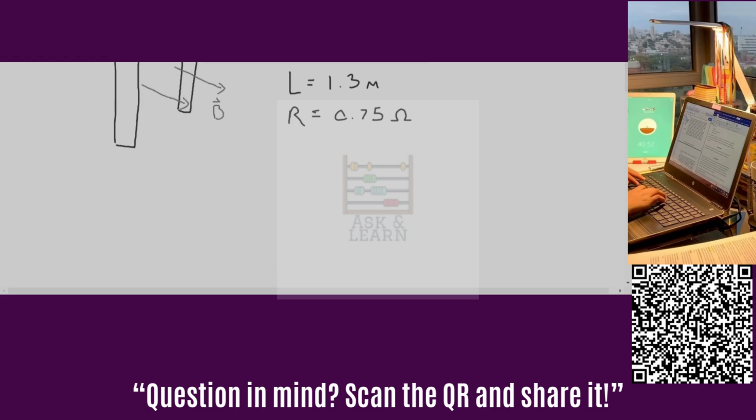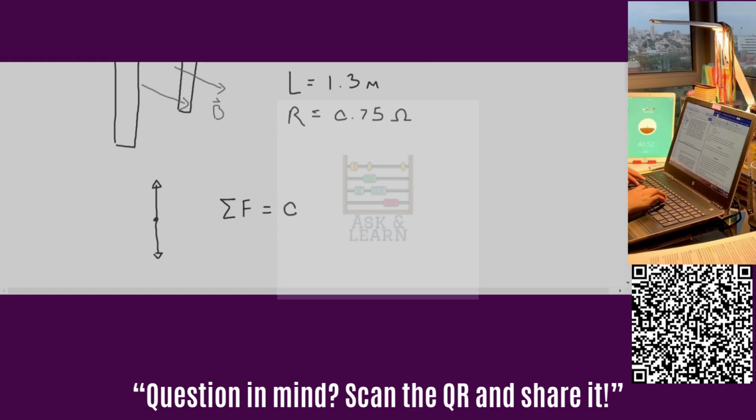So I just said a moment ago, this bar is in static equilibrium. What that means is that the sum of all forces on the bar is going to be equal to 0, right? Newton's second law states that the sum of all forces is equal to ma, and if there's no acceleration, then the sum of all forces is just equal to 0.